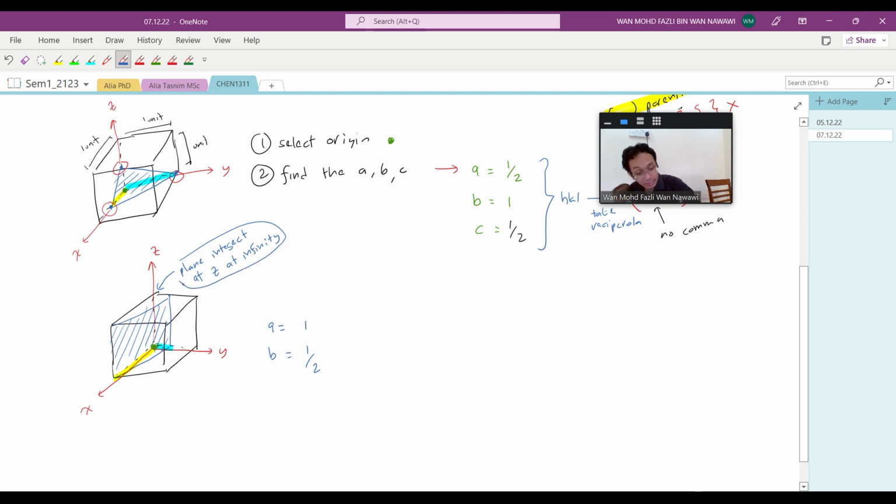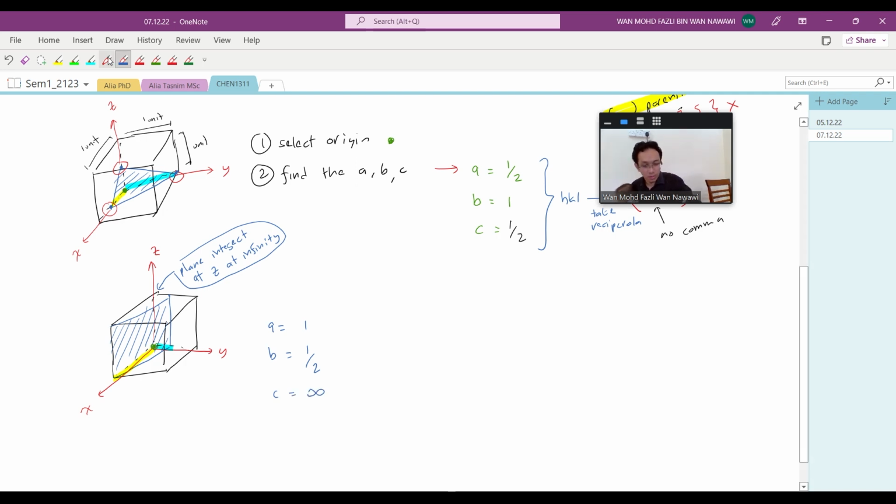Meaning that it doesn't intersect, because intersecting at infinity is the same as saying it doesn't intersect at all, but that's just the way people describe it. So we can say C is infinity.